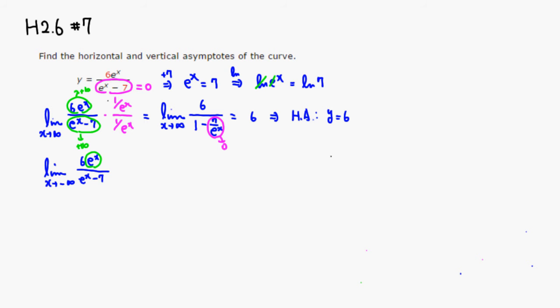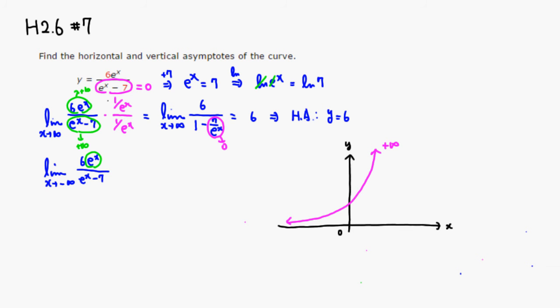If you remember the graph of e^x, it looks like this: origin here, x-axis here, y-axis here. As you go in the positive x direction, it heads toward positive infinity.